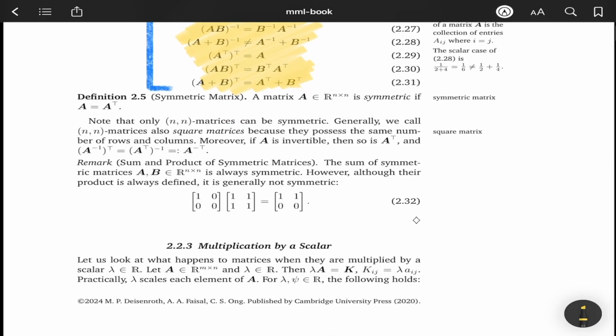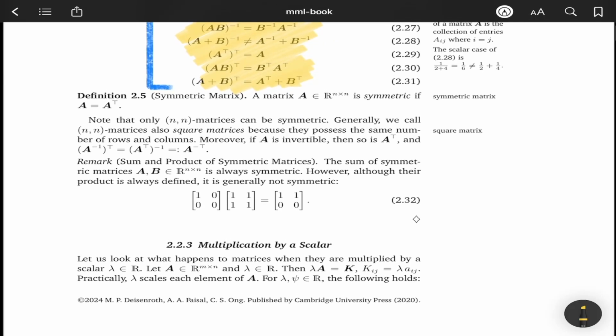Okay, so next point is the definition 2.5, symmetric matrix. A matrix A, element of R n times n, is symmetric if A equals A transpose. Note that only n times n matrices can be symmetric. Makes sense because otherwise the shape would not be the same.